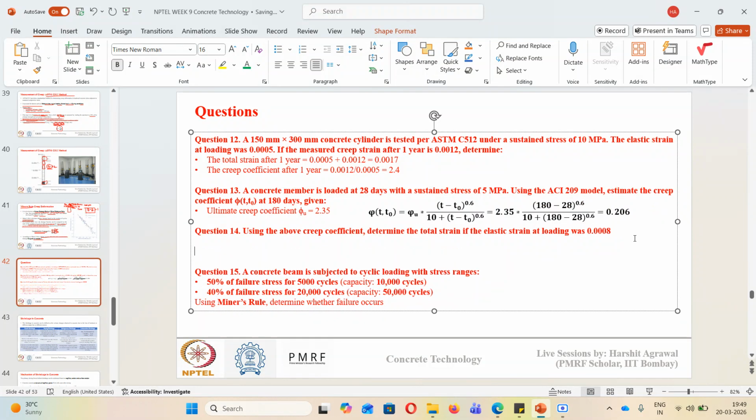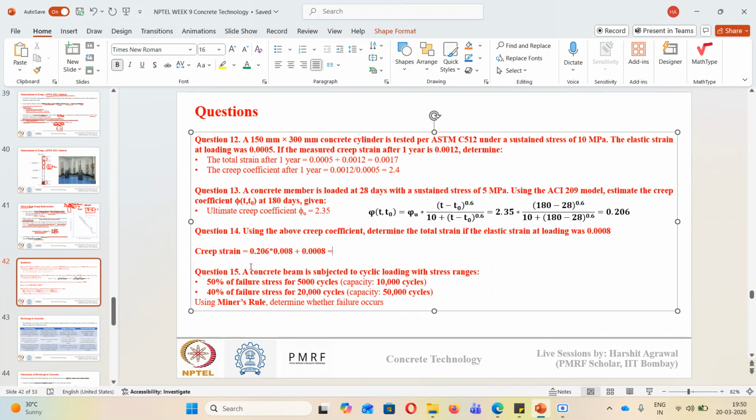Since I know the creep coefficient, I will first calculate the creep strain. It will be my creep coefficient 0.206 times the elastic strain 0.0008, plus the elastic strain 0.0008. This will give me the total strain. This is how we do the calculation here.